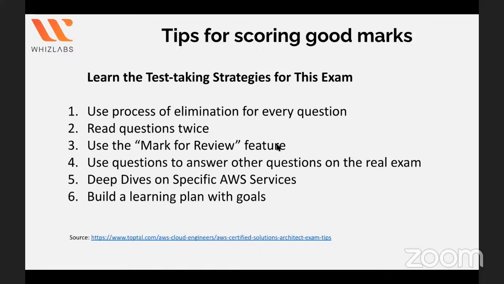So you can just click on that feature and go ahead and later come back and solve that. Okay. And then use other questions to answer a question. In some of the questions, some points are mentioned. You can use that, and then you can deep dive on specific AWS services, but always have your learning plan with goals.